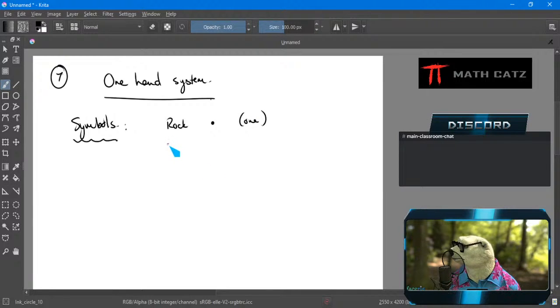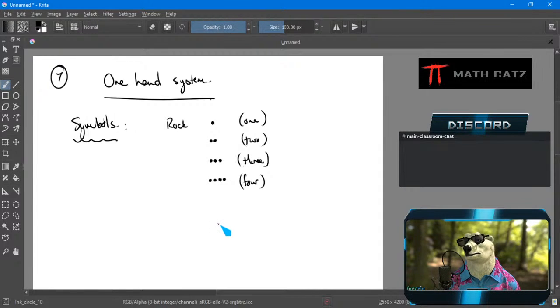Then if they want to represent 2 things maybe, then they'll just draw 2 rocks. 3 things, whatever that may be, 3 days, 3 people, whatever. 3 little rocks, whether you draw it or arrange it or whatever. And 4 in our language will be represented with 4 little rocks.